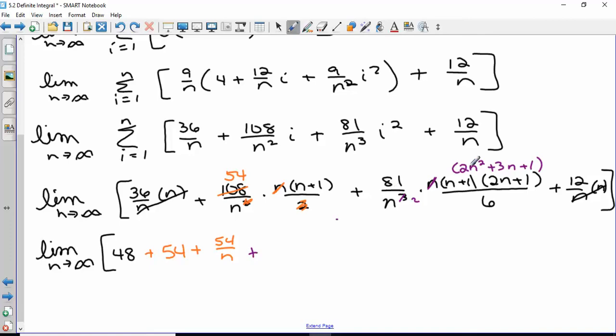So if I distribute, I get 162n squared over 6n squared. So what does that reduce to? 27. Okay. 81 times 3n over 6n squared. So that would be 81 over 2n.